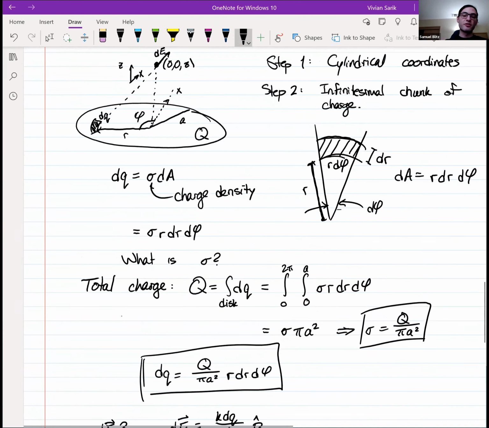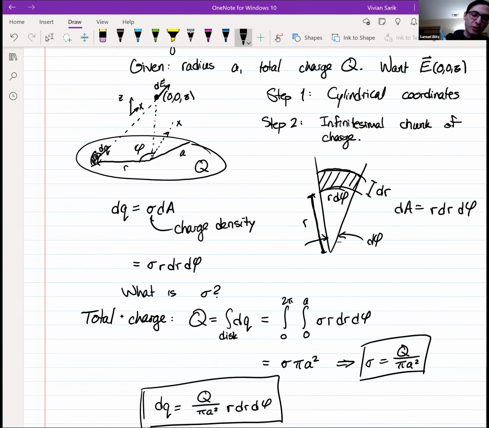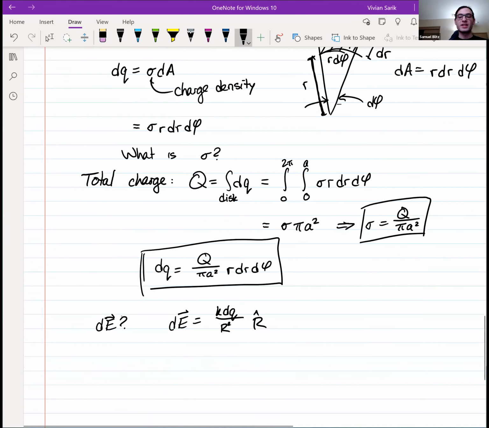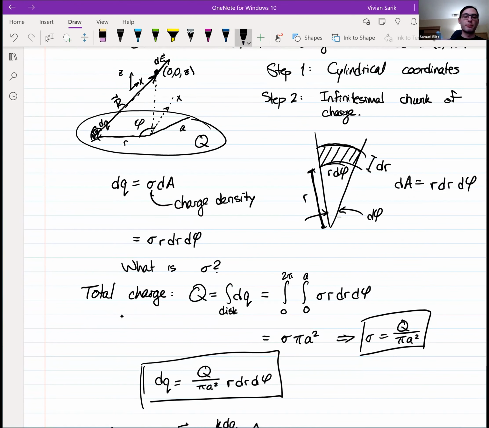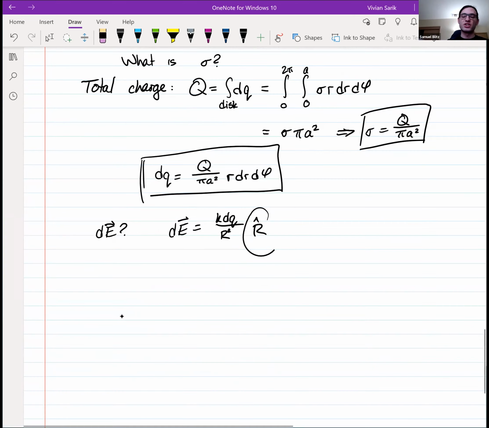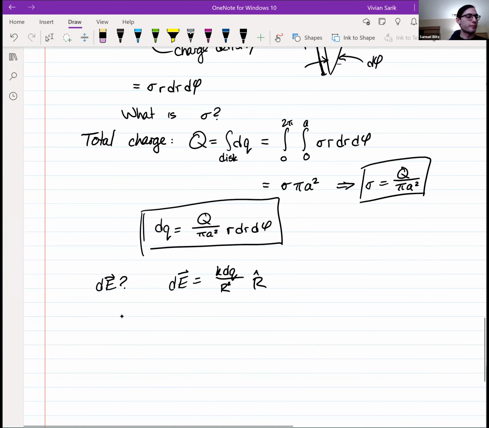Here I've defined the vector that points from our small chunk of charge as capital R. So when I divide by capital R squared, that's dividing by the magnitude of this vector that points from somewhere on the disk to the point of interest. And the unit vector R hat is just the unit vector that points in that direction.